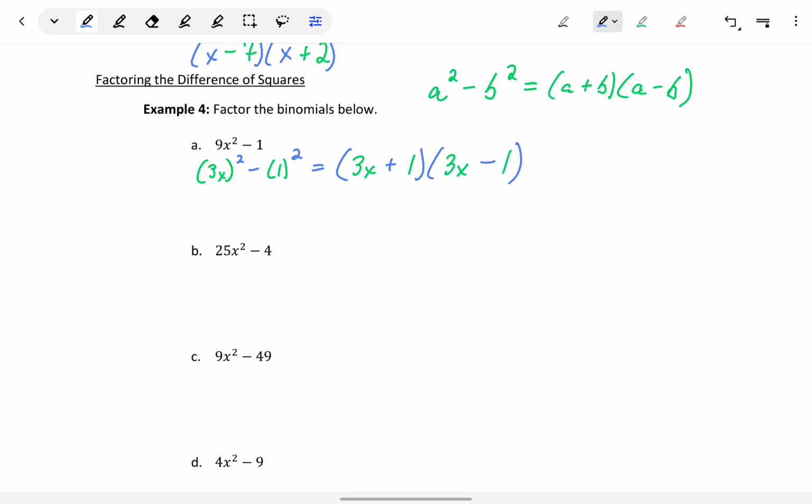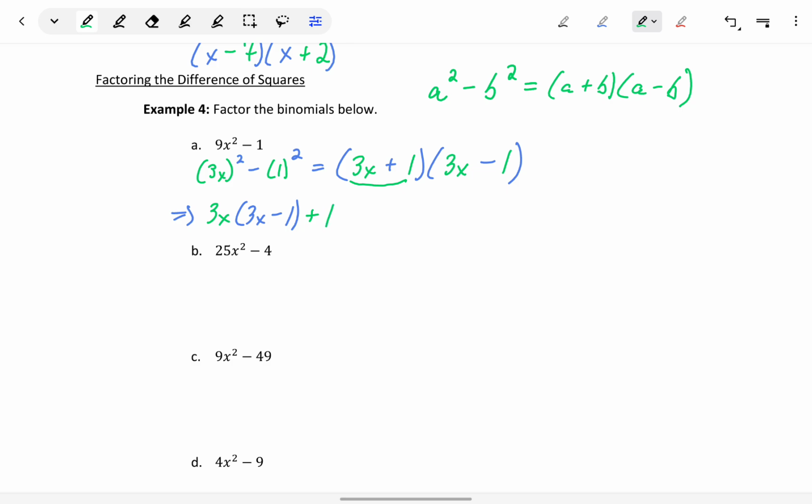Since we can recognize that pattern, that we have the difference of two perfect squares, we can use this specific factoring method called difference of squares. And we can check that result by taking the first factor in our first binomial times that second binomial.